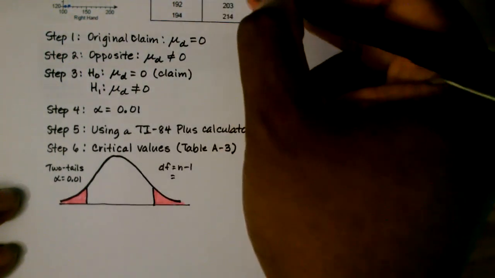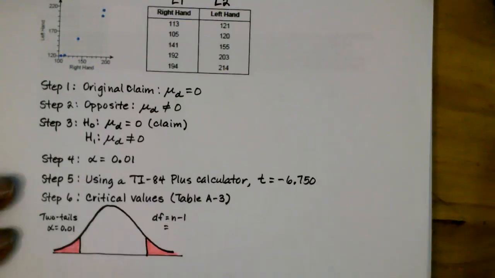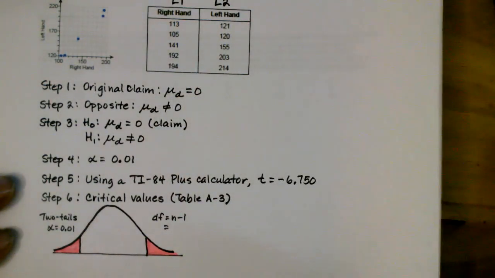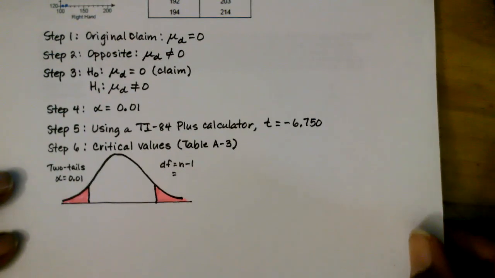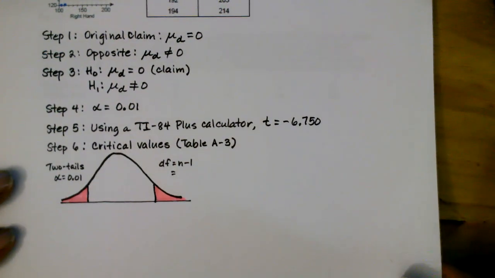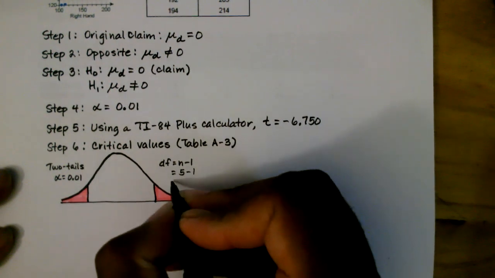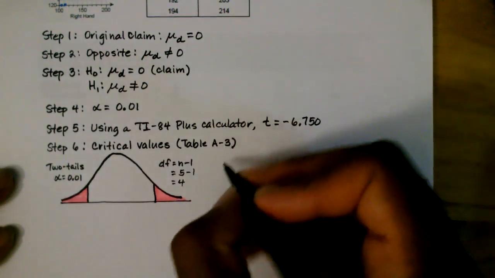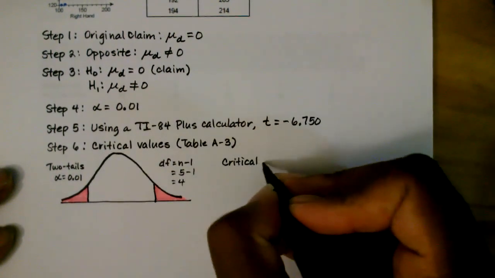Now there are 5 paired data, 5 paired values. And I'm not counting each one of those numbers individually. I'm counting the number of paired data. And I have 5 of them. So 5 minus 1 would be 4.